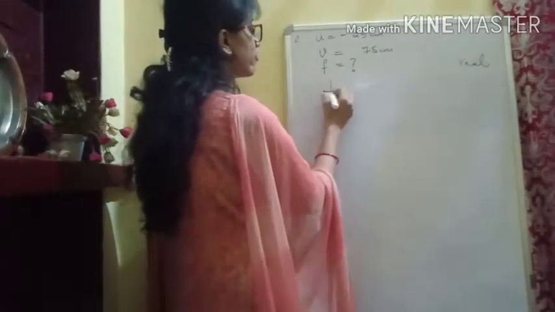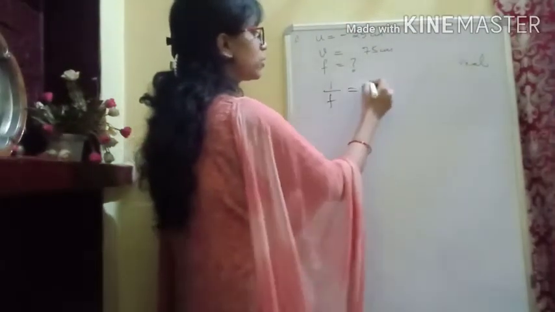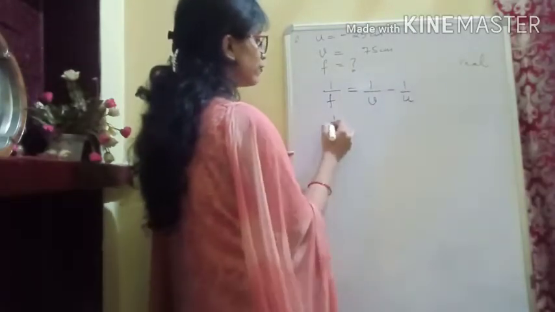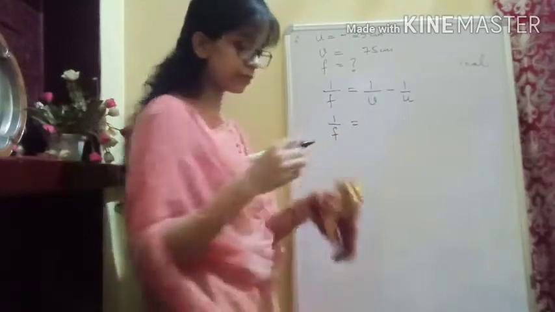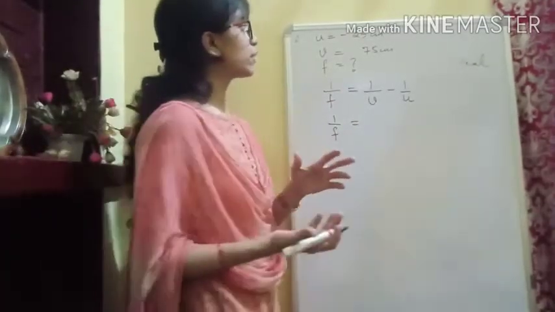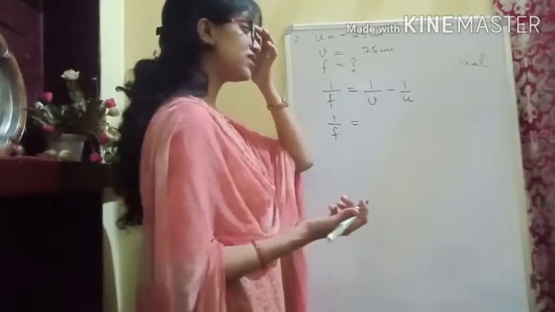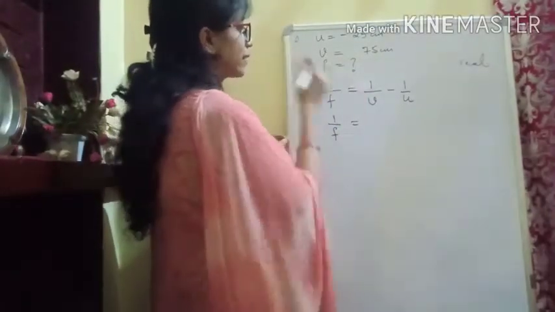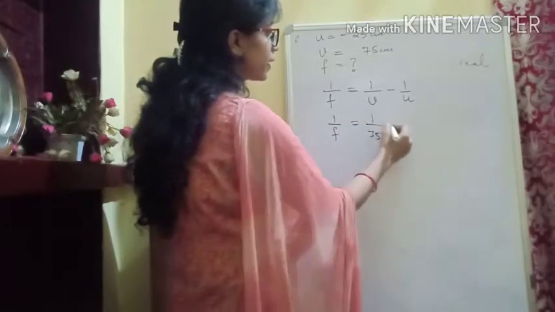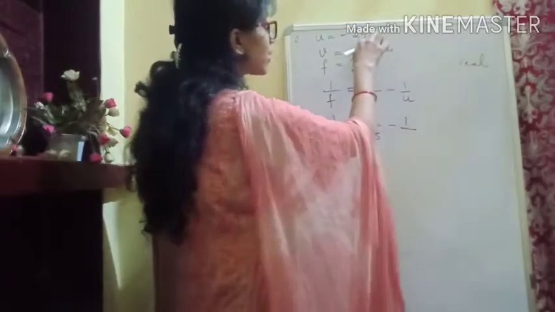Now to calculate f, we will use the lens formula, which is 1 upon f equals 1 upon v minus 1 upon u. Whenever we put the values, we always put the values with sign. So whenever we are going to apply the formula, we need to take the sign or assume the sign. Now 1 upon v is 75 minus 1 upon u is minus 25.